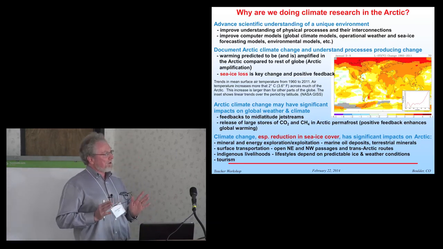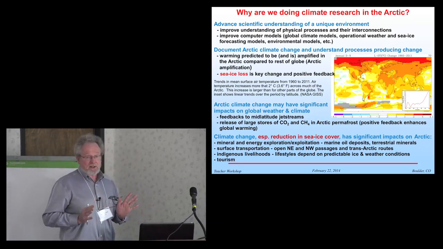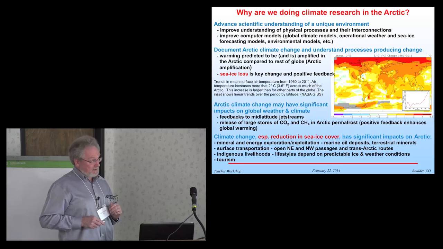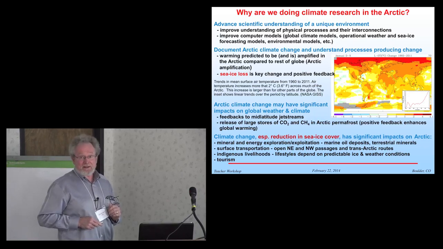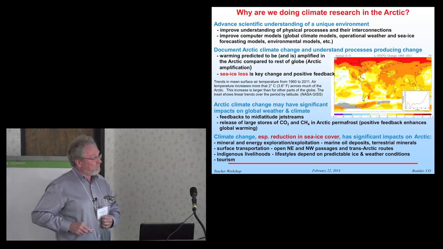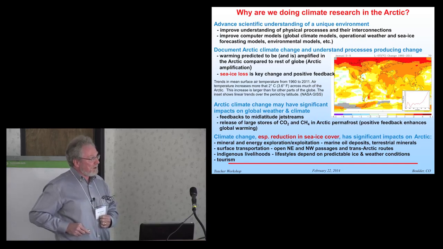We're also trying to document the Arctic climate change and understand the processes that are producing this change. One of the main points is that the warming predicted to be, and is, amplified in the Arctic compared to the rest of the globe. That is, it's what's called an Arctic amplification to the global warming. So this is a map showing the globe and this is an observed temperature change from 1960 to 2011.